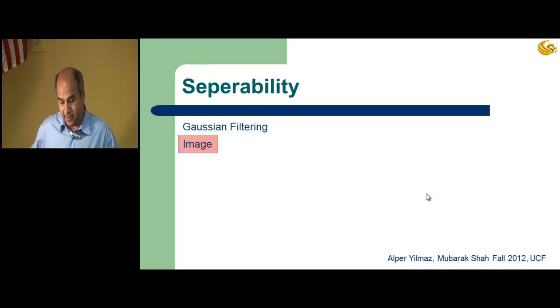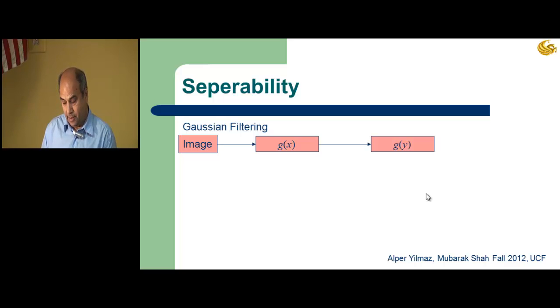You can explain this graphically. You have an image, and if we just want to do Gaussian filtering, we apply the Gaussian filter in X, then the Gaussian filter in Y, and we get a filtered image, which is the two-dimensional Gaussian in XY, using two one-dimensional convolutions. That's simple.